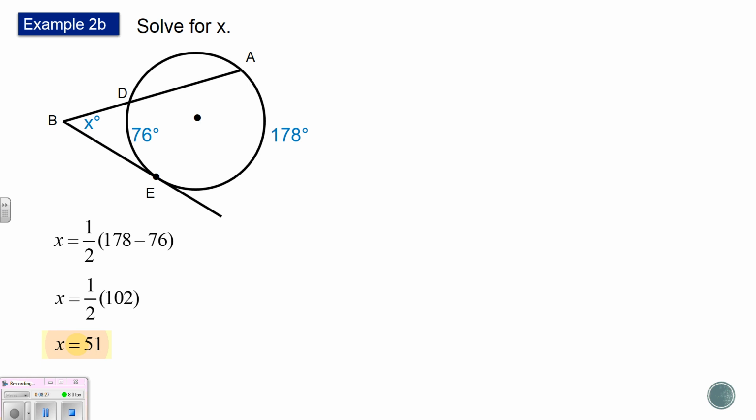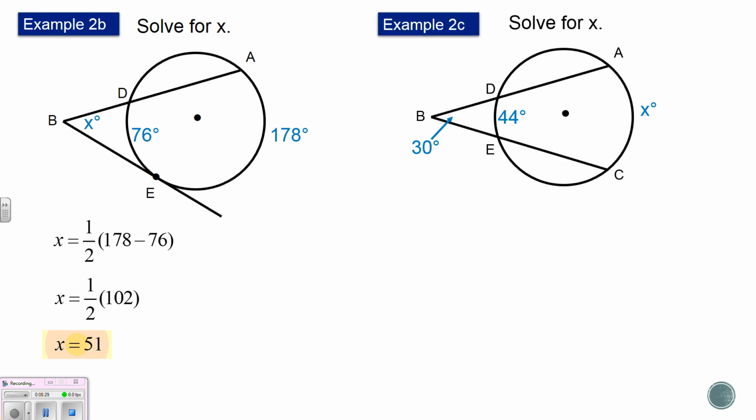Let's try the other example. We've got this angle this time is 30, and they give us this arc is 44, and we are looking for arc AC. So this time what I would like you to answer for me is, what do you think the equation would be that we would set up to solve for x?